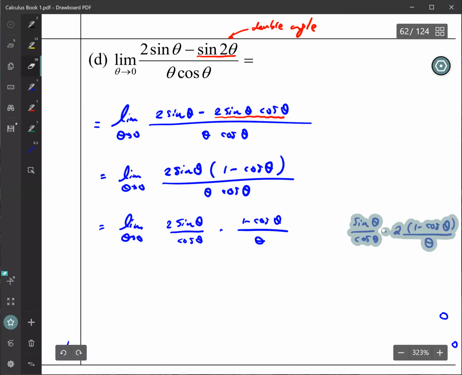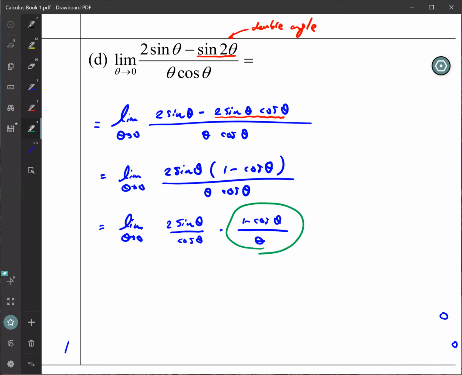Well, now is the time to apply the limit, right? Because now you see 1 minus cosine theta over theta is the identity number 2, right? Oh yeah. So the limit of that will equal to what? The limit of the green part, the green circle part.